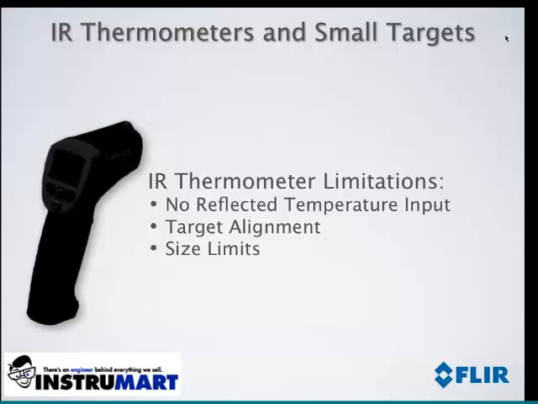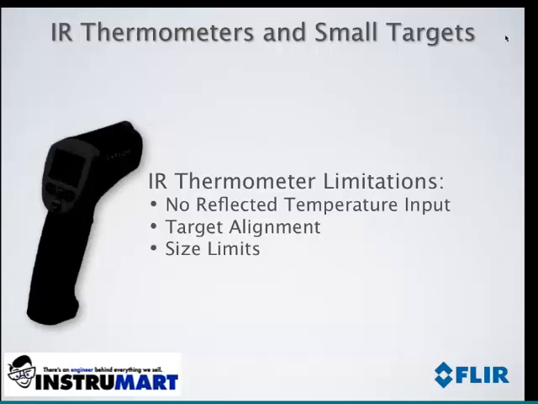But even with that close-up capability, we were limited to a spot size of roughly 5 millimeters by 5 millimeters. And at that spot size, we noticed that we had greater than 3 degrees centigrade temperature variation. So anything smaller than that, we just couldn't measure with this specialized IR thermometer.